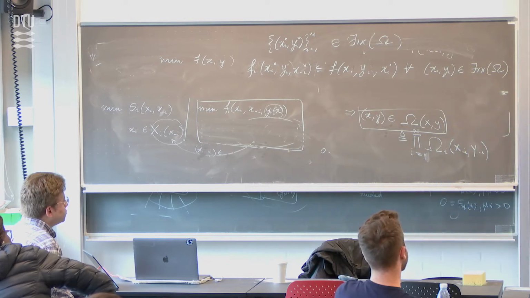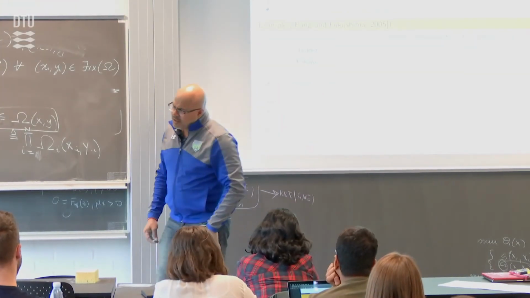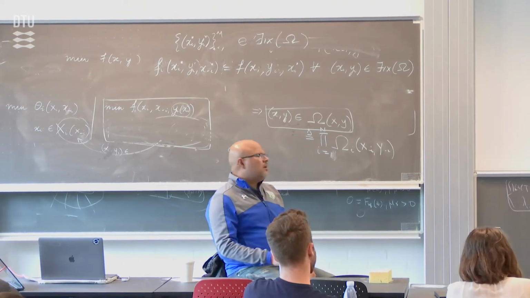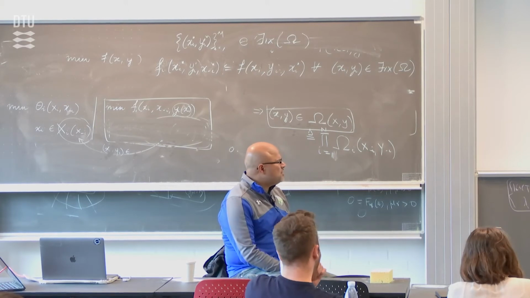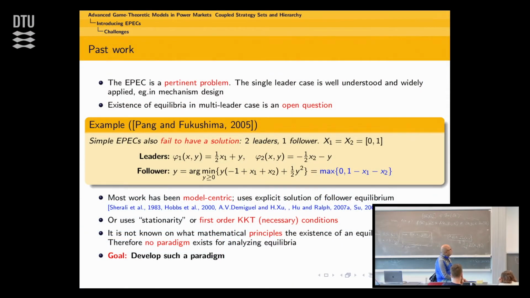Hobbs, Metzler and Pang modeled one of these generation and ISO problems as an EPEC, but they didn't look at existence results. De Miguel and Xu also used elimination of the follower level problem.